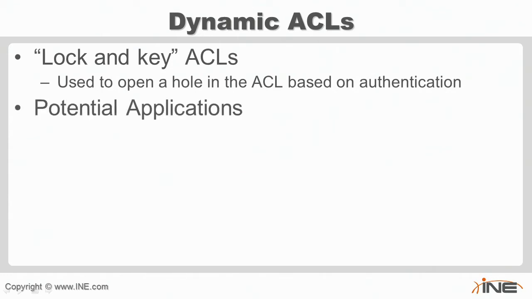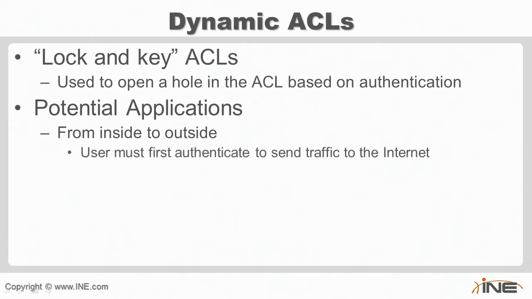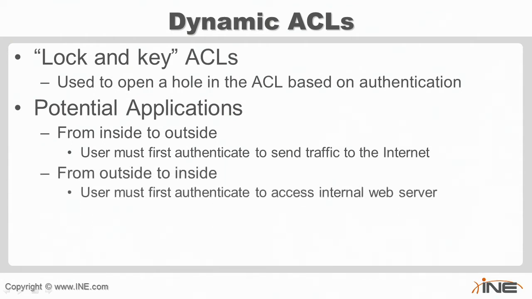So a potential application for this would be if traffic is coming from the inside network and going to the outside, we could stop the users and say that they need to authenticate before we send their traffic to the internet. Or as traffic is coming from the outside in, there's some sort of private resource that we want to access on the inside, and we don't want to do SSL VPN for whatever reason.